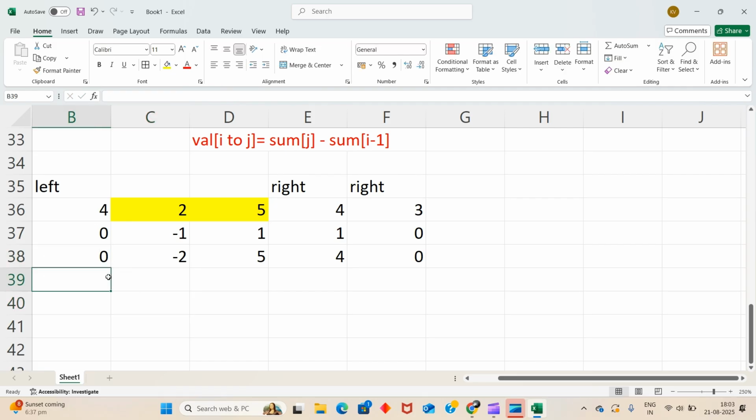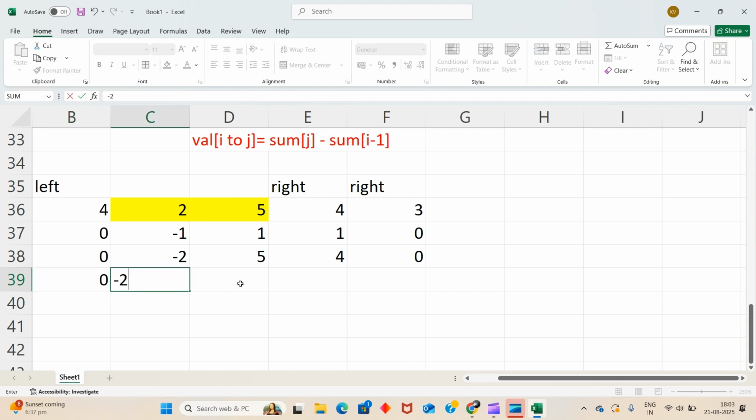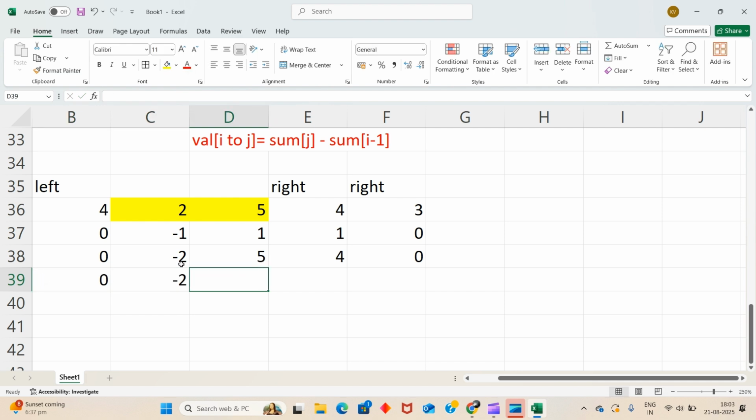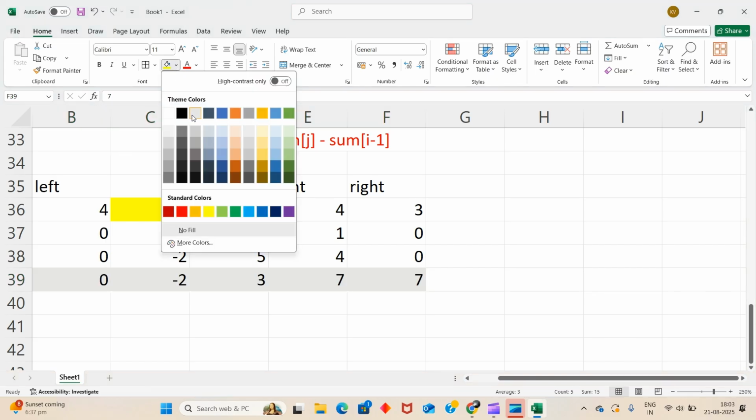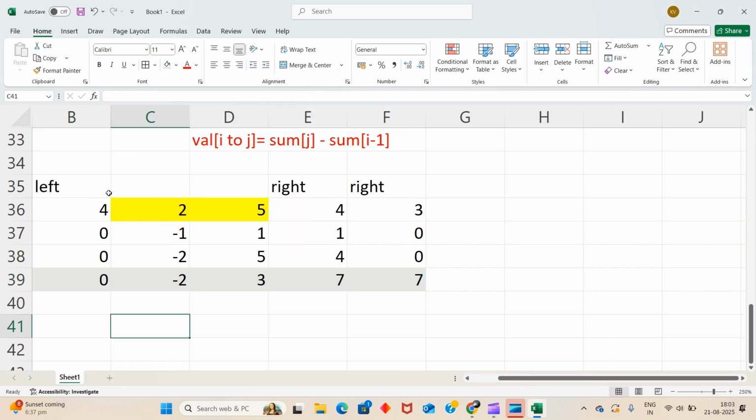Now I want to sum. This 0, here it will be minus 2. 5 minus 2, minus 2 plus 5 is 3. 3 plus 4 will be 7. 7 plus 0 is 7. So this will be our prefix sum array of multiplications. You got it?